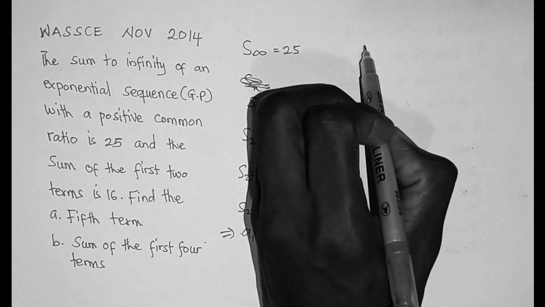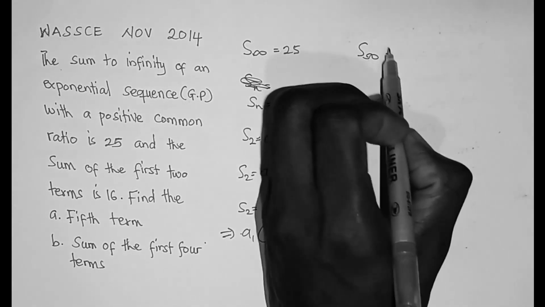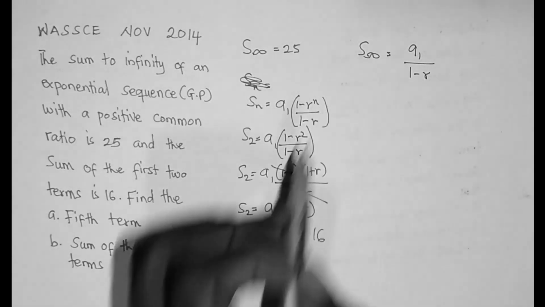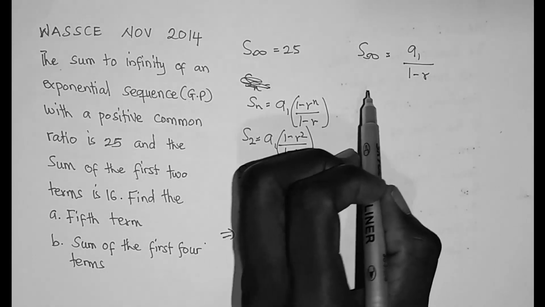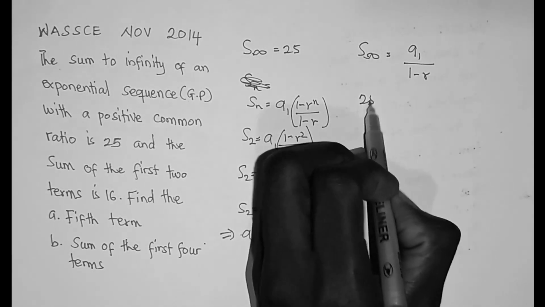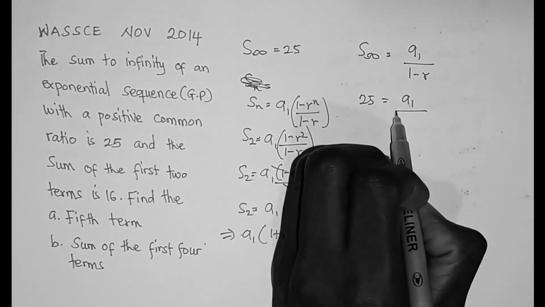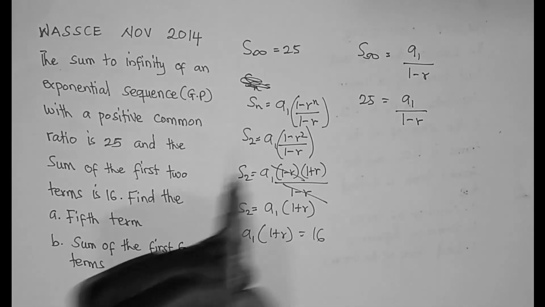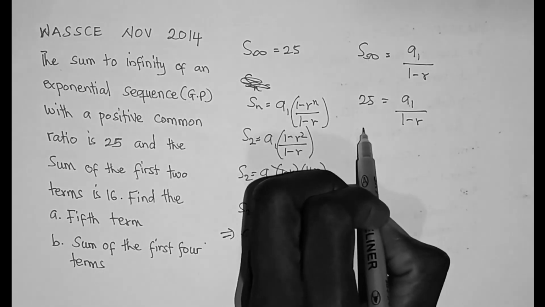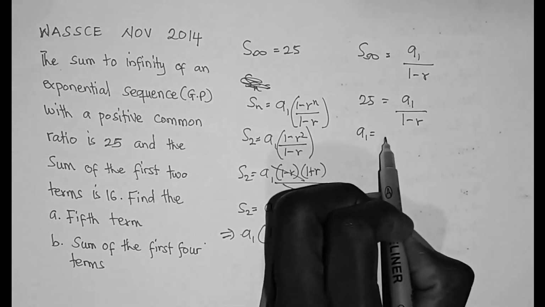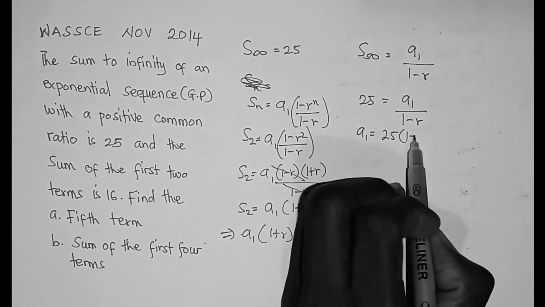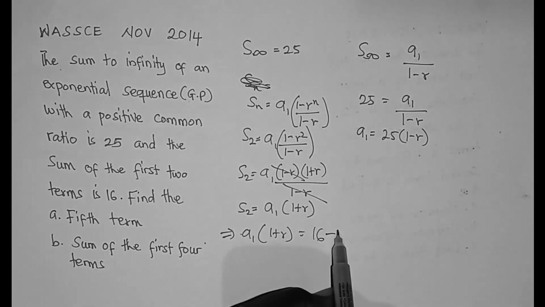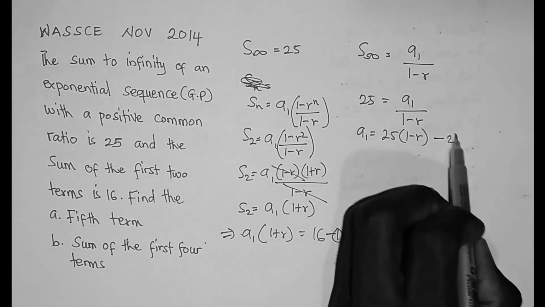So let's write the formula for the sum to infinity. It's equal to a1 divided by 1 minus r, and it's 25. It means that 25 is equal to a1 divided by 1 minus r. And therefore a1 is equal to 25 times 1 minus r. So this is equation 1 and this is equation 2.